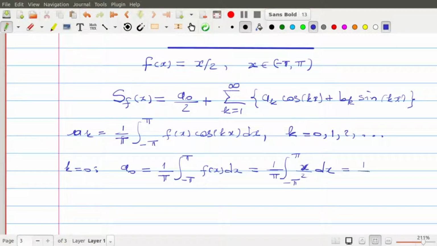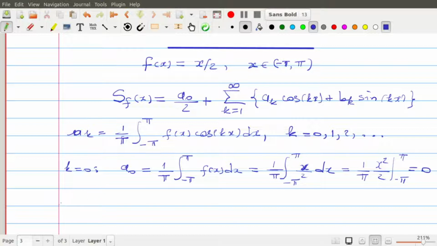This will give us 1 by pi, x squared by 2 from negative pi to pi. So you can see that when we square the value at pi and the negative pi, it will be the same. So when we take the difference, it gives us 0.